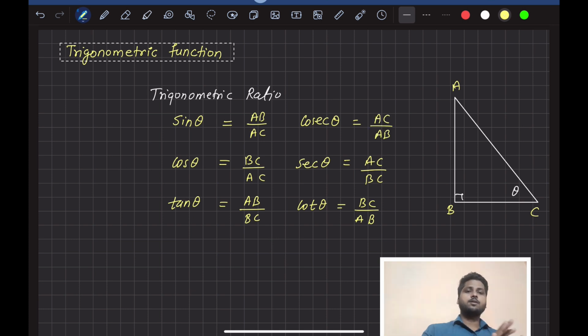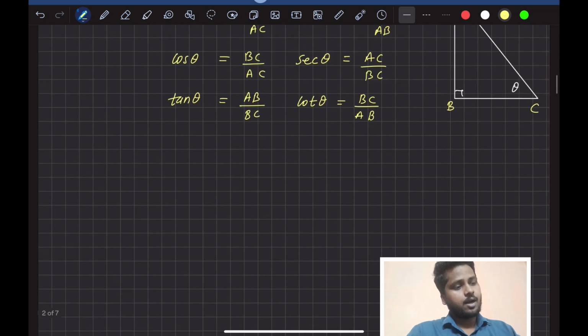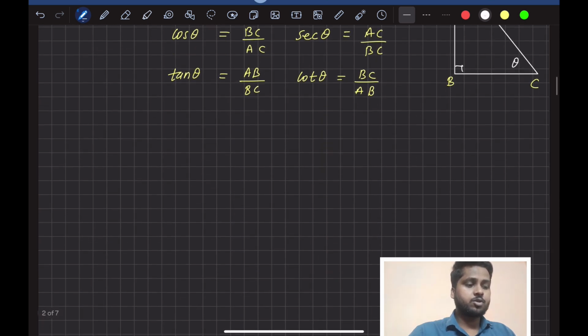Understanding? This is the basic relation between sides and angle and trigonometric ratio. Basically trigonometric ratio decides the relation between sides and angles. Some more definitions of the trigonometric ratios are there.